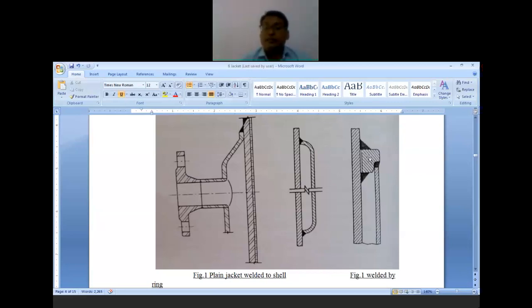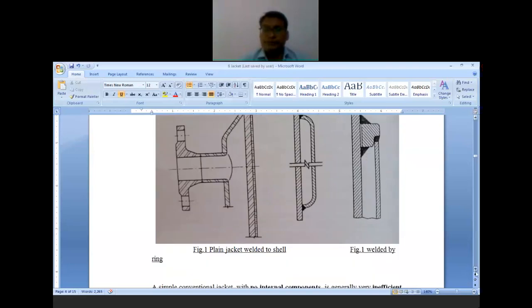The jackets are attached to the vessel by welding certain rings, or by direct welding to the vessel. Here the bending is also incorporated and then welding has been done. However, here a ring is provided, and to that ring the second shell is provided.